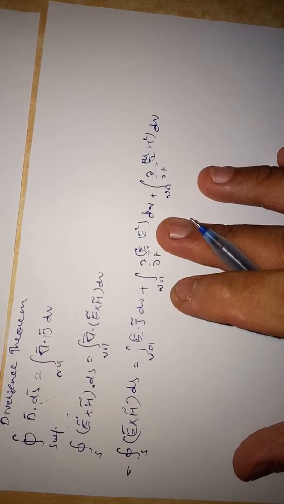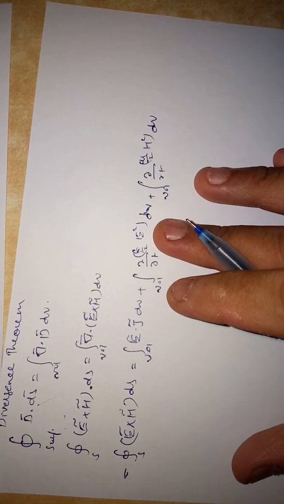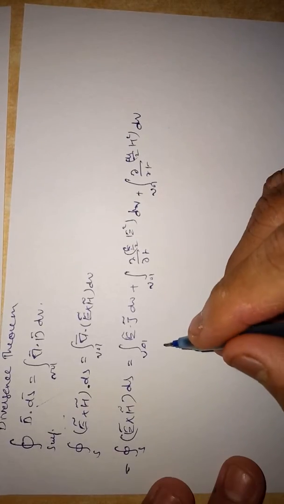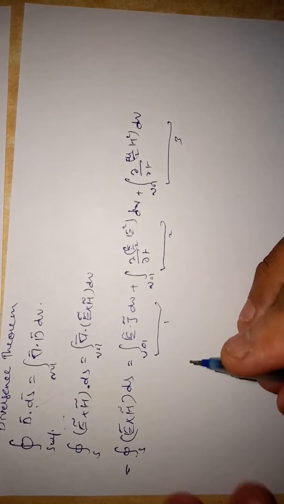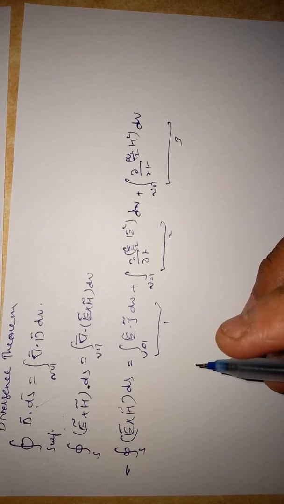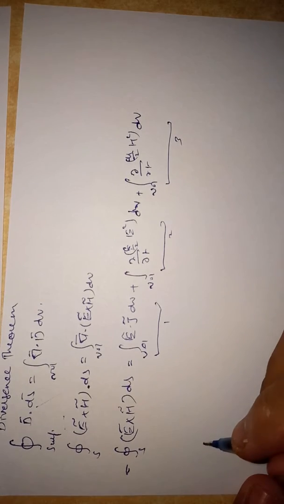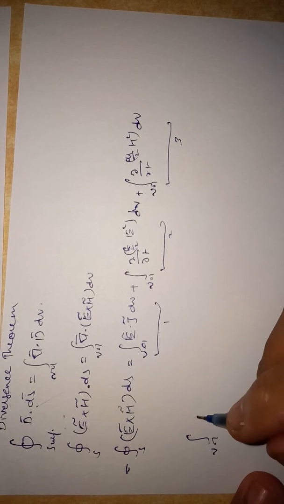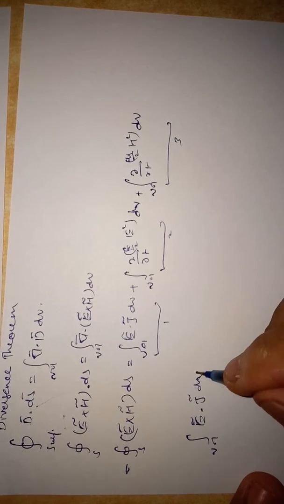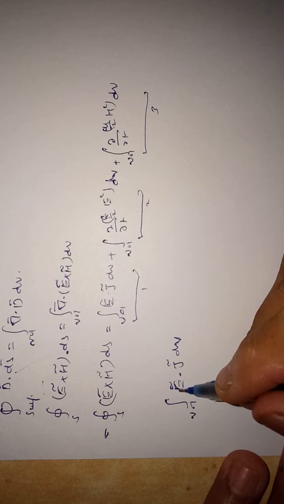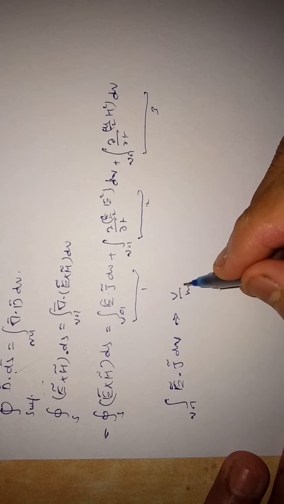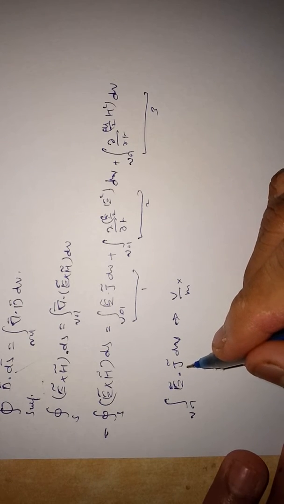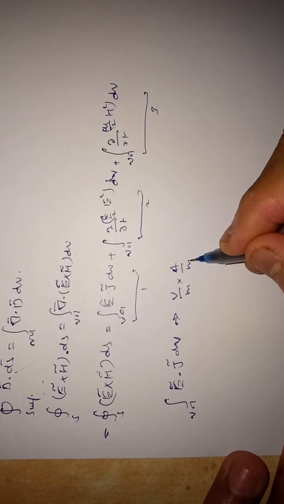Now here we have to consider all three terms: this is the first term, this is the second term, this is the third term. If I concentrate on the first term, the volume integration of E dot J, the unit of E is volts per meter and the unit of J is ampere per meter square.